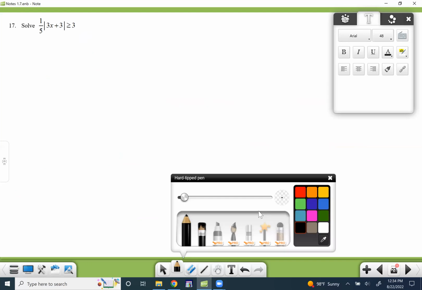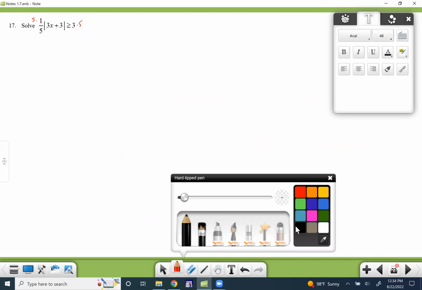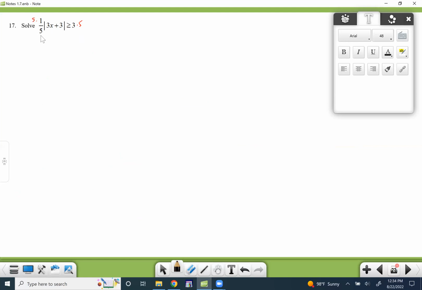All right, I'm going to get rid of the fractions on this one first by multiplying by 5. We do have to isolate the absolute value, and that is one way of doing it. So the 5s will cancel, and we have 3x plus 3 greater than or equal to 15.